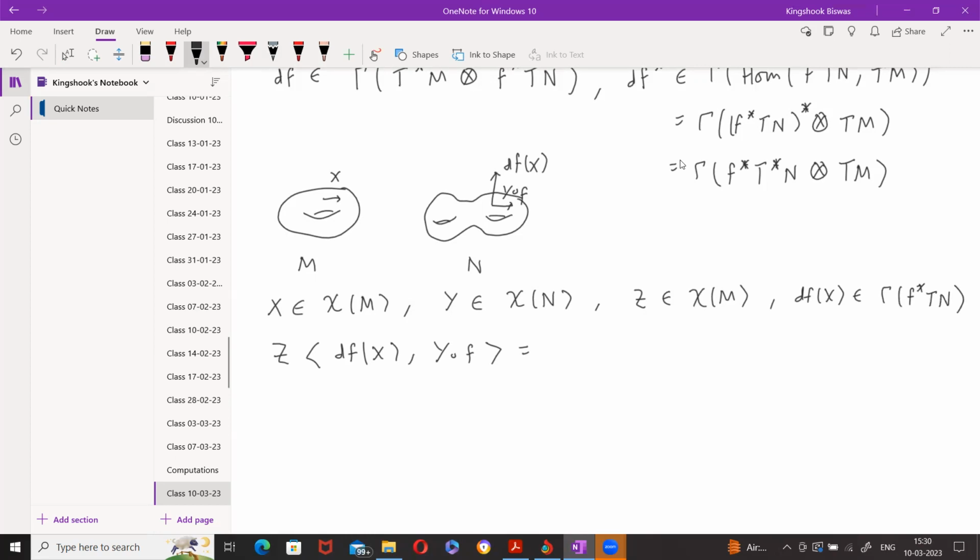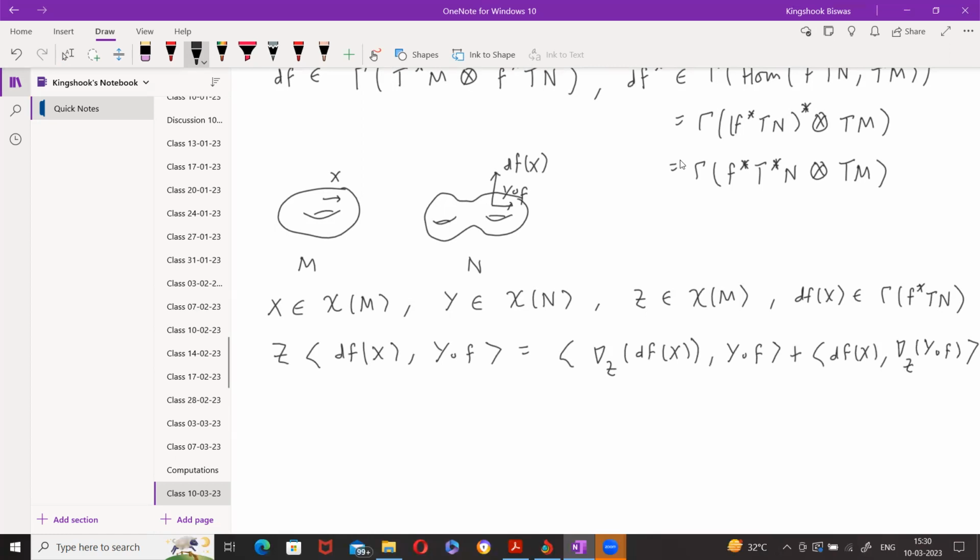So this is going to be the inner product of nabla Z of Df of X with Y composed with f, plus the inner product of DfX with nabla Z of Y composed with f, right?